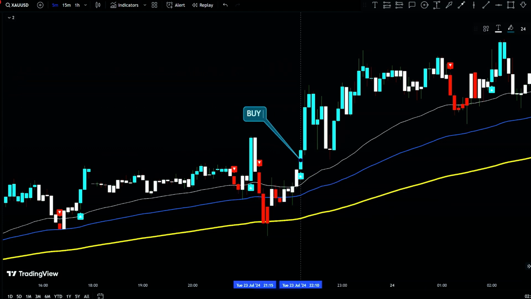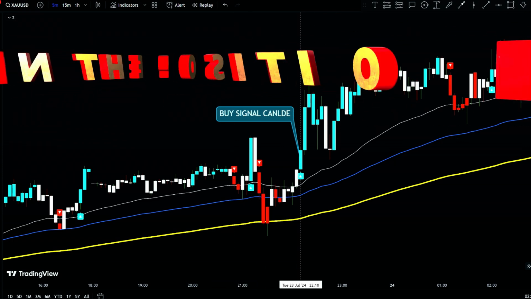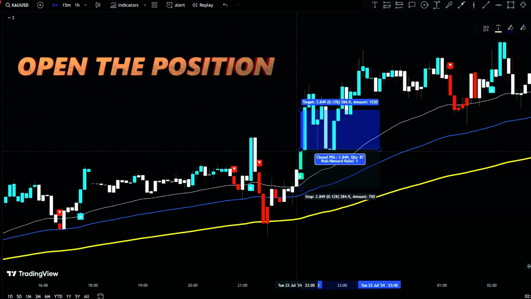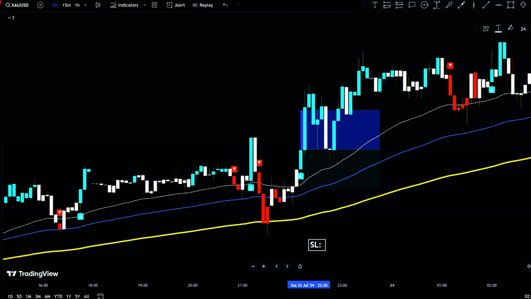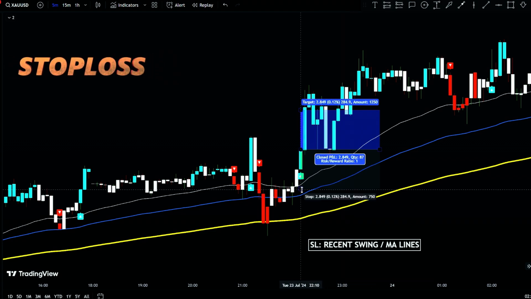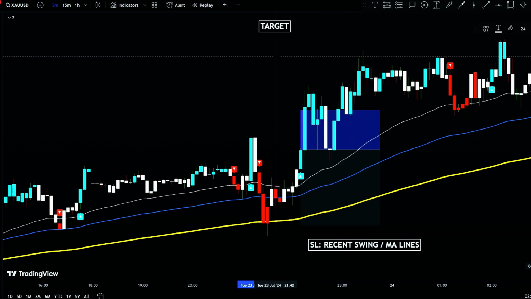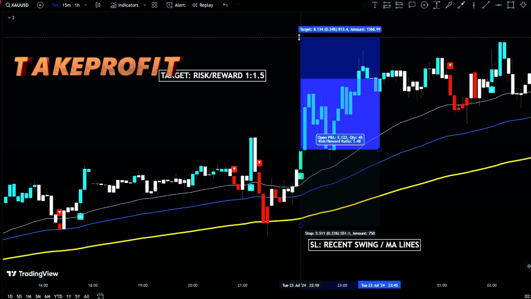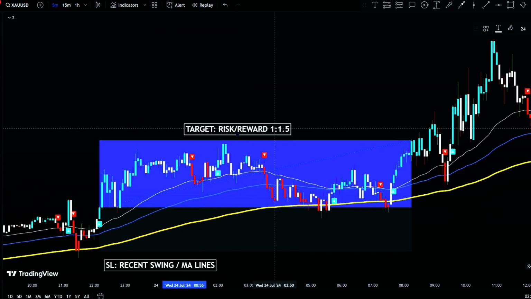Once all these pieces fall into place, it's go time. You can jump in and enter the buy trade. Cover your bases: set your stop loss just below one of those trusty MA lines, or play it safe and set it below the recent swing low. As for your take profit target, aim for a solid 1 to 1.5 risk to reward ratio.